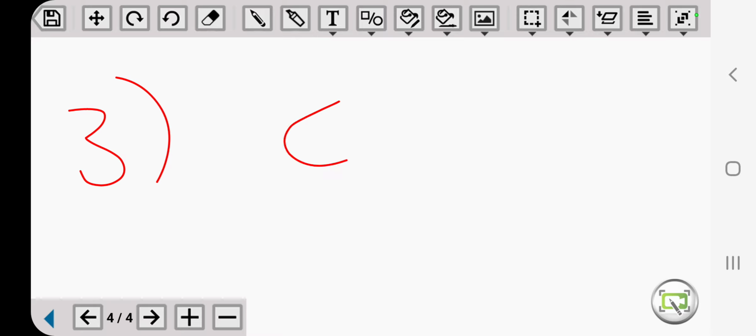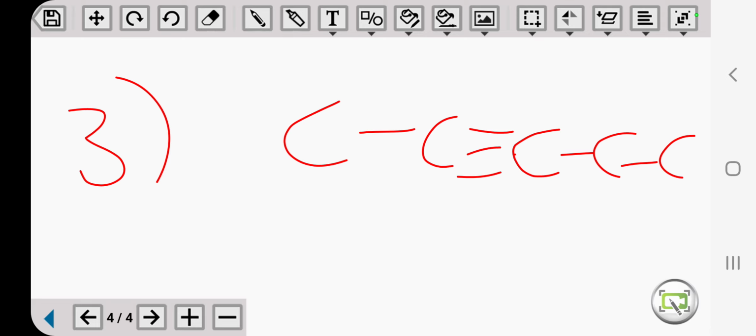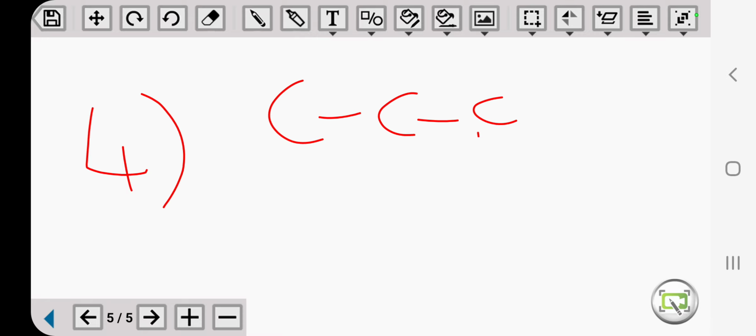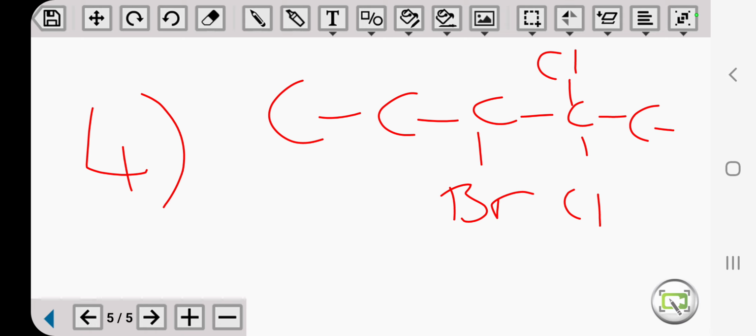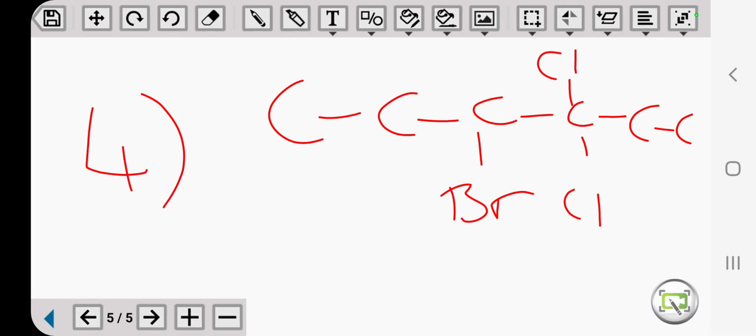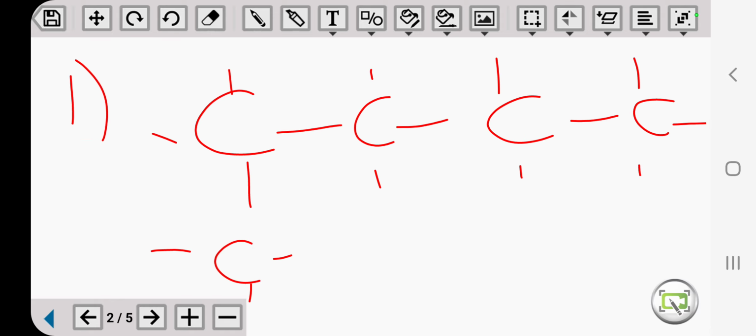Give the IUPAC name of the following. Question 4. Give the IUPAC name of the following. And those are the 4 questions. All right, let's start and go and answer them.